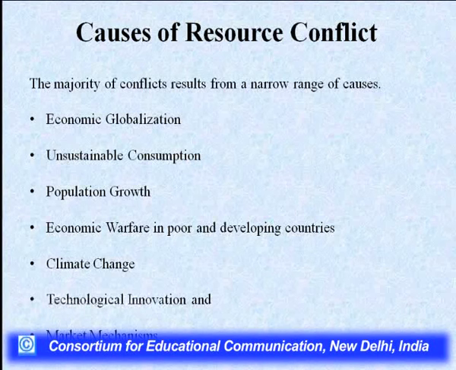Climate change is a very important cause. It is not directly related to resource conflict, but indirectly it is a multiplier of conflict, because with the changing climate there is depletion of resources and reduced accessibility, and sudden atmospheric weather and climatic events lead to various resource conflicts.